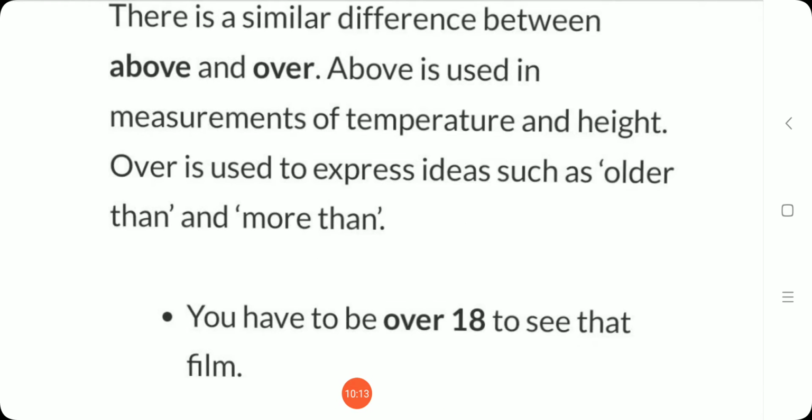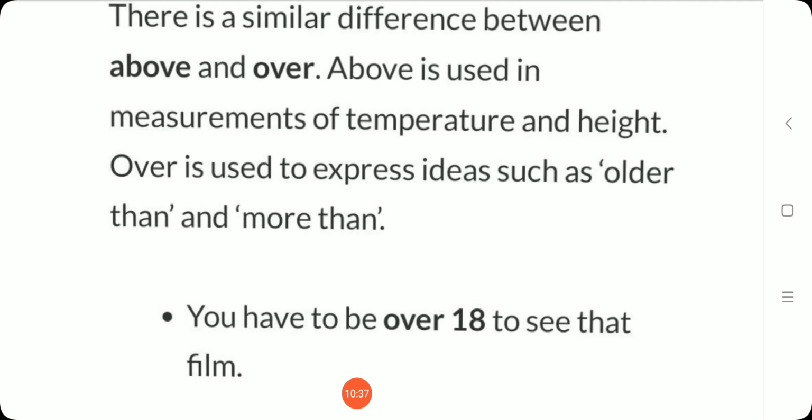But in this one also, there is a similar difference between above and over. So last class we above over பார்த்தோம். Above is used in measurements of temperature and height. Over is used to express ideas such as older than and more than. So நாம என்ன பார்த்தோம்? So already we have seen under is opposite to over.